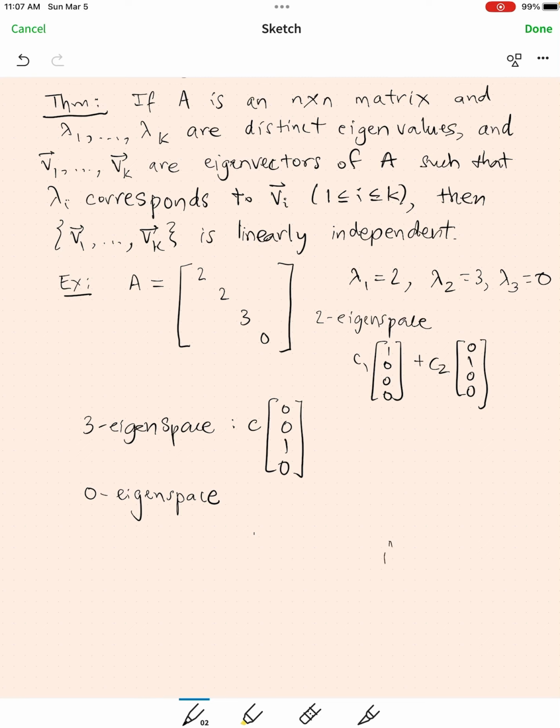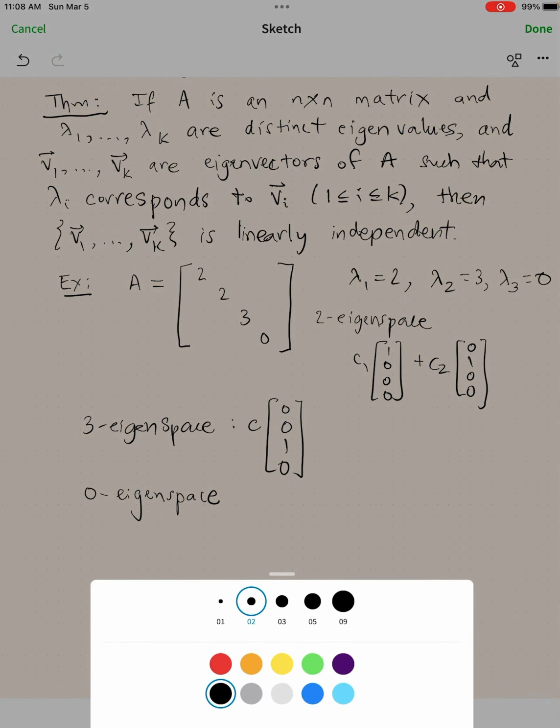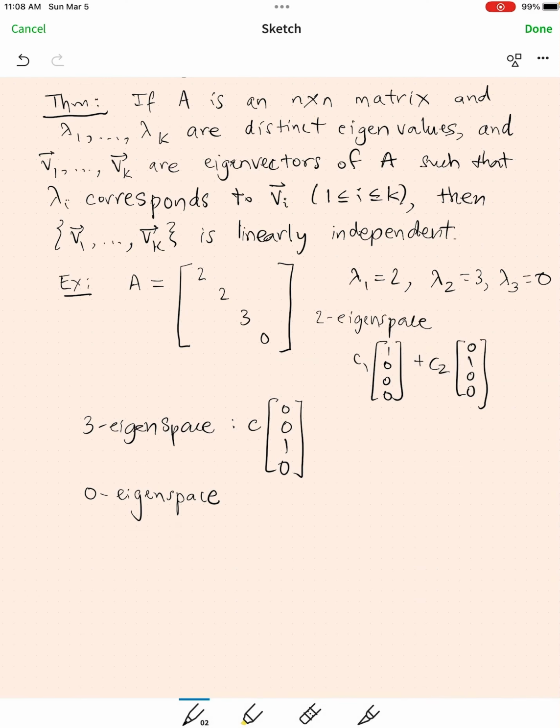And so what vectors get sent to the 0 vector? It's all multiples of 0, 0, 0, 1. All scalar multiples of this vector.